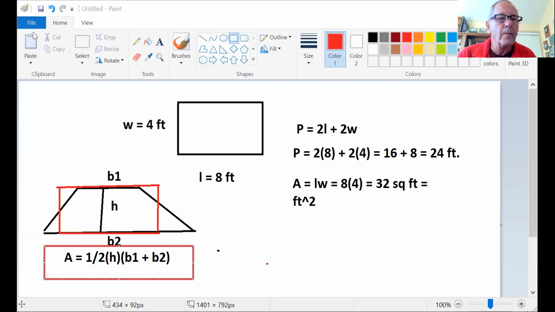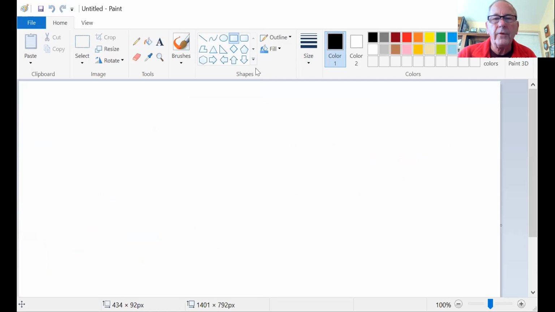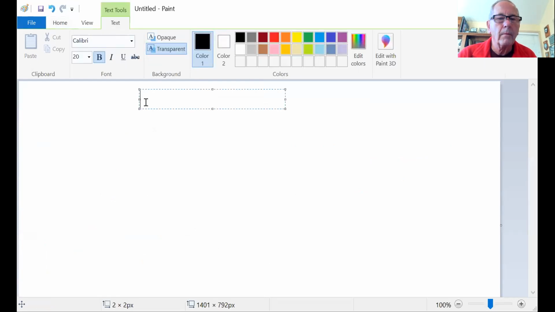So back to my whiteboard. So we said circumference is equal to pi d, right? I'm going to put in pi like that. Pi d.